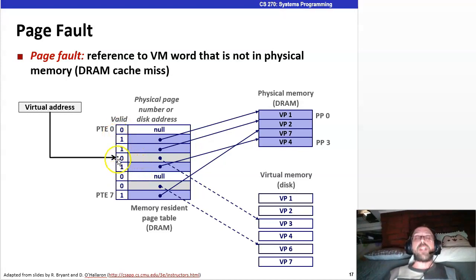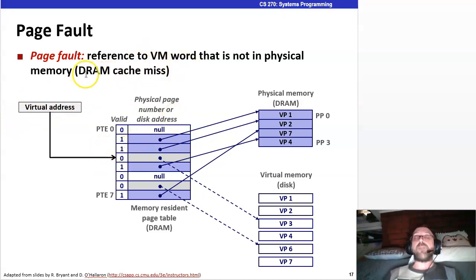Instead, in the page table, that page is marked as invalid, and rather than storing a physical memory address, it stores a disk location. So it might refer to something over here on disk. When this happens, that's called a page fault. My program is trying to access a virtual address that doesn't have a valid mapping yet.